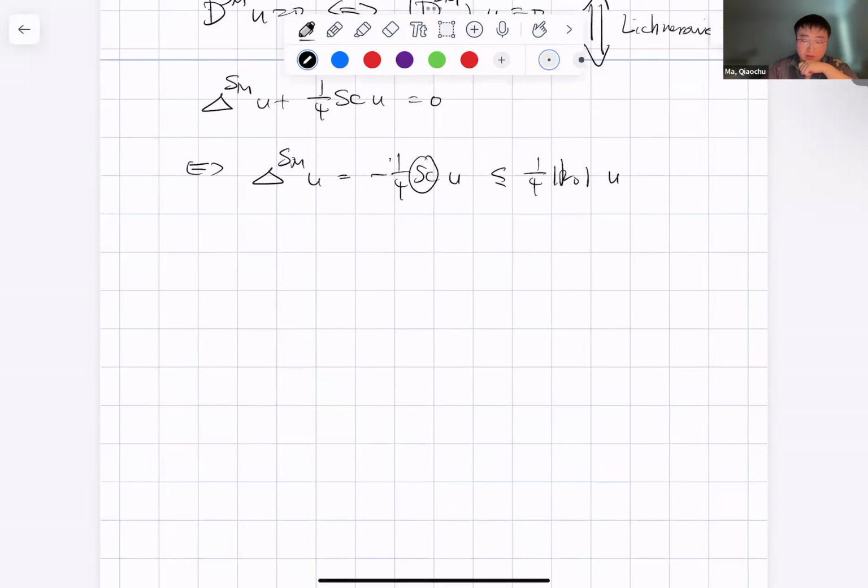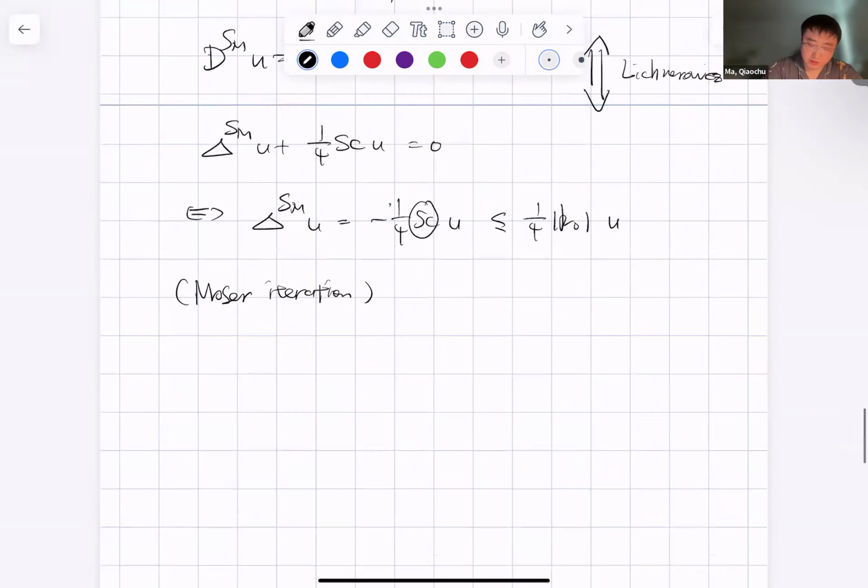Okay, so from this step, we should run a Moser iteration procedure. You can see that roughly the left part contains higher regularity and is controlled by only u, which is lower degree regularity, and we iterate this procedure to control the higher regularity of u.